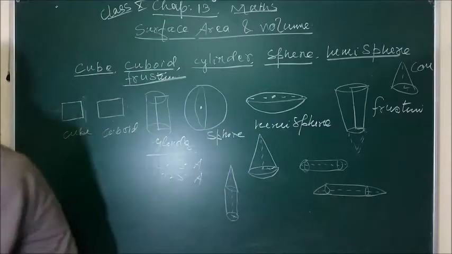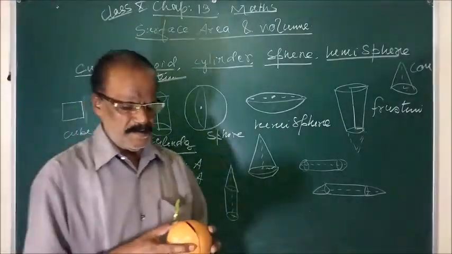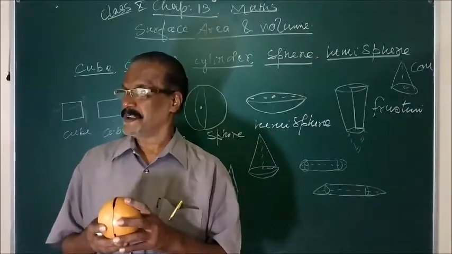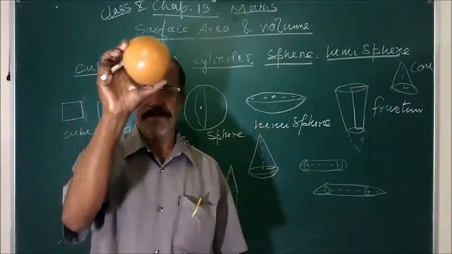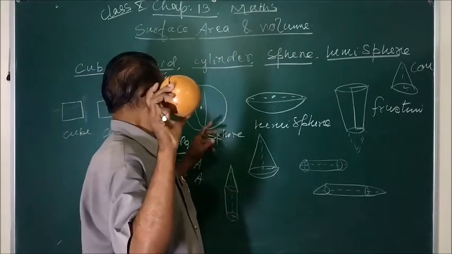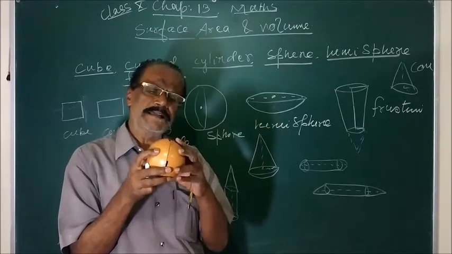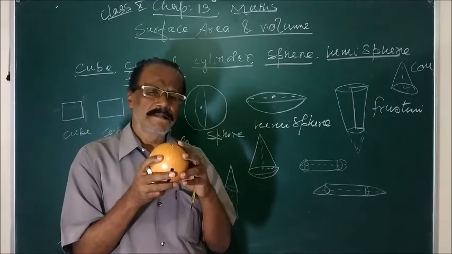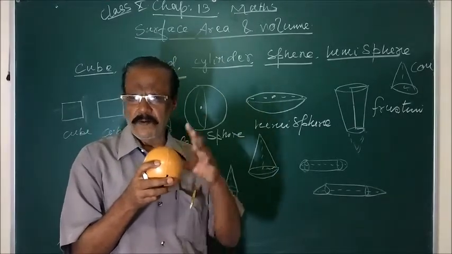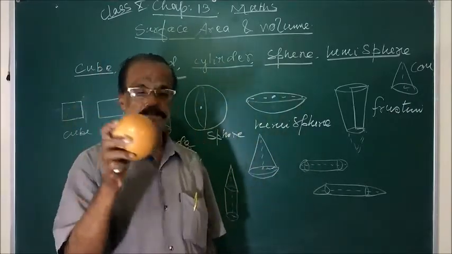Now you see the sphere. A sphere, you might have seen a football or cricket ball. This is the shape of a sphere. This is the curved surface. There is no separate total surface in a sphere because there is only one surface. So curved surface and total surface area in the case of a sphere are the same.